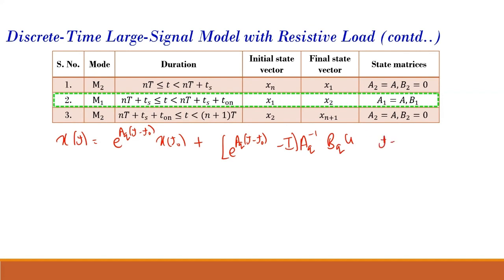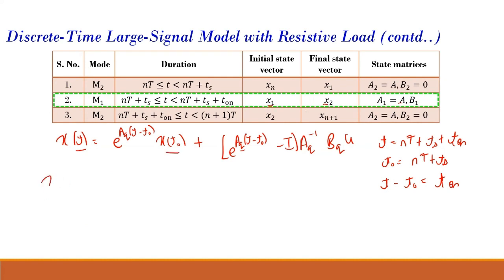T is what? Here T is nT plus Ts plus Ton, and here T0 is equal to nT plus Ts. So T minus T0 is effectively Ton. Here my Aq is equal to A1 and my Bq is equal to B1. My x of T is equal to x2 and my x of T0 is equal to x1.